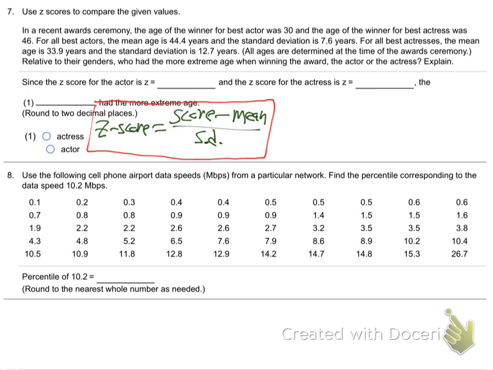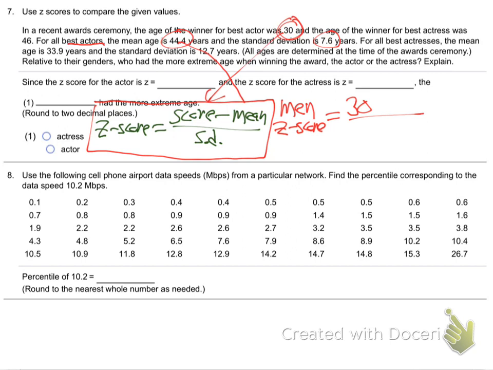So let's see, in a recent award ceremony, the age of the winner for Best Actor was 30, and Actress was 46. Here I'll use different colors. I'm going to circle the red for the min stuff. For all Best Actors, the mean was that, and the standard deviation was that. So let's do the min, not mean, I did mean, the min z-score, which is going to be the score for the min, 30. That's the score.